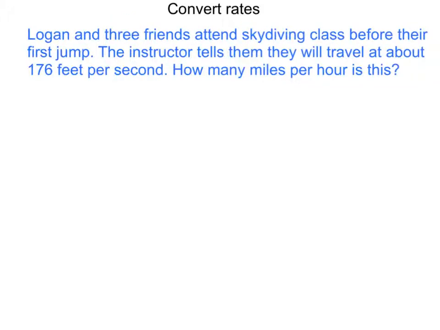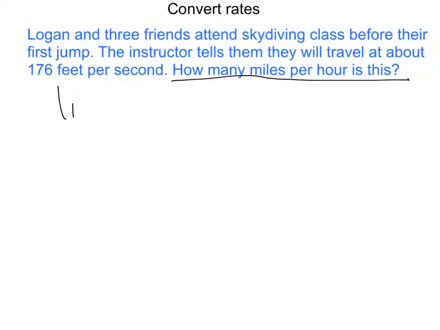Logan and 3 friends attend skydiving class before their first jump. The instructor tells them they will travel at about 176 feet per second. How many miles per hour is this? So, you need to convert the feet per second to miles per hour.